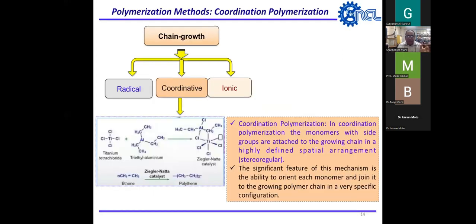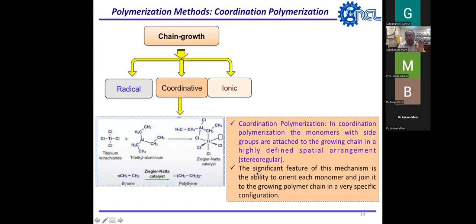The next is coordinative polymerization. You might have studied the Ziegler-Natta catalyst in your chemistry course, which comes under coordination polymerization. In coordination polymerization, the monomers with side groups are attached to a growing chain. See, this is the particular catalyst. When you take ethene monomers using this complex, called the Ziegler-Natta complex, it forms polyethylene.